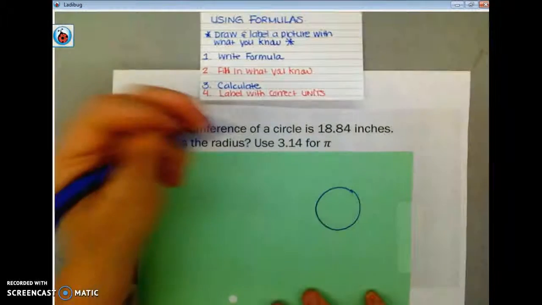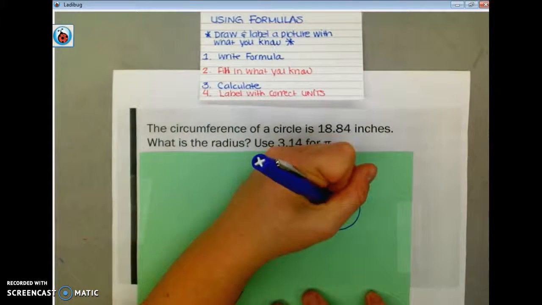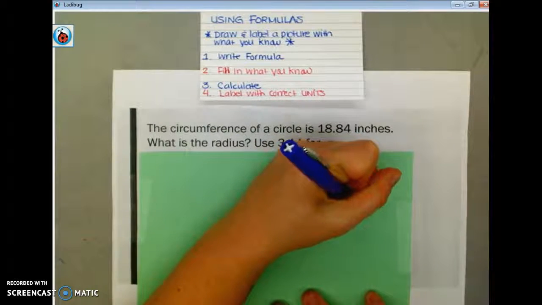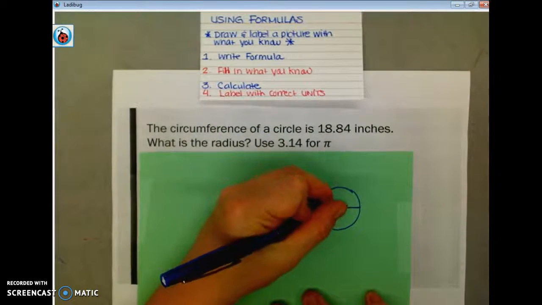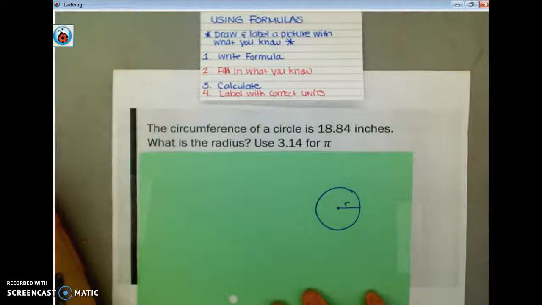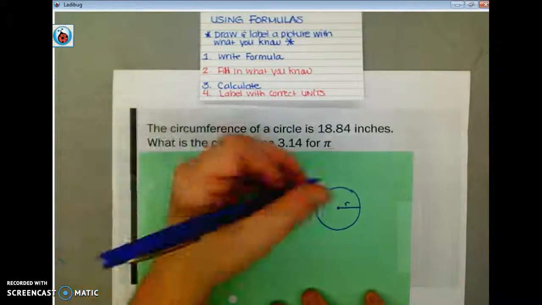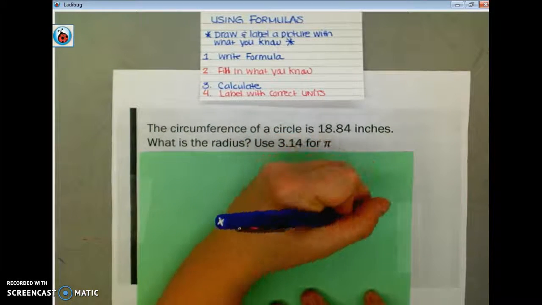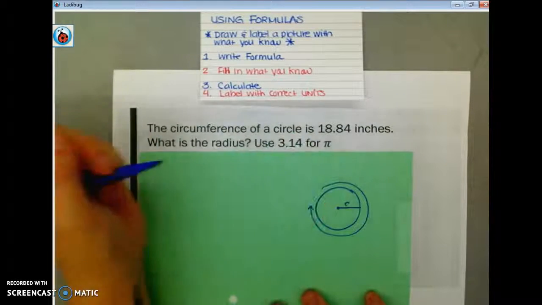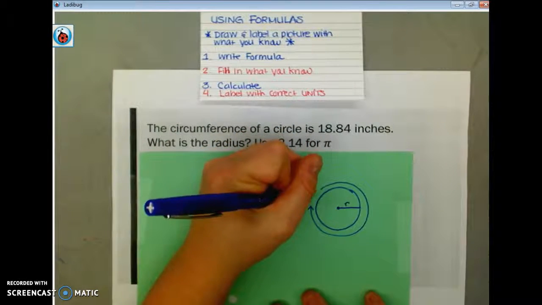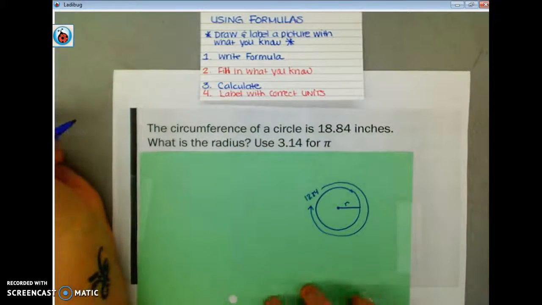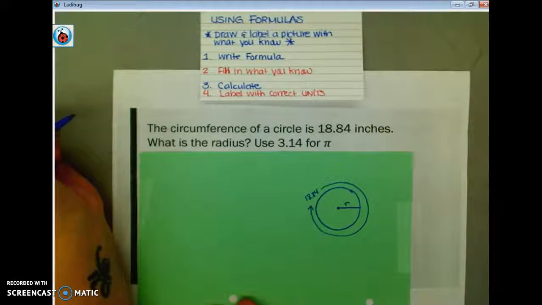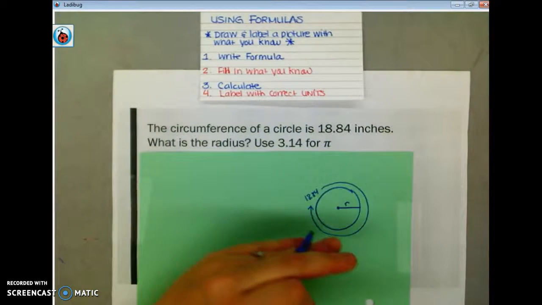It's asking me for the radius, and I know that the radius goes from the center to the edge. I don't know what r is, but I know that the circumference, which is all the way around, is 18.84. That's just my way of labeling it and getting that visual.